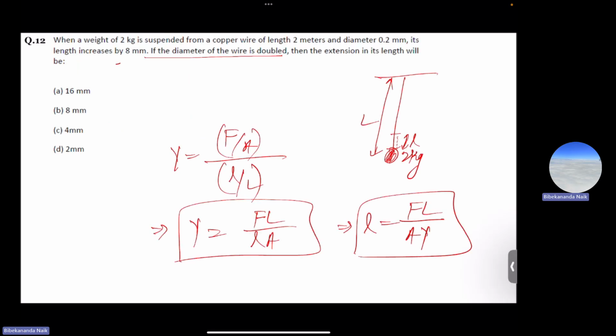So F prime is F, L prime is L, and Y prime is Y. A is getting changed, so here the diameter of the wire is doubled.